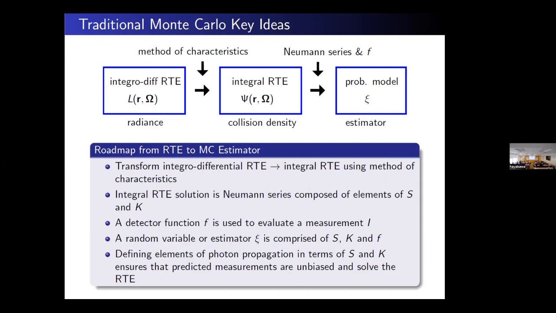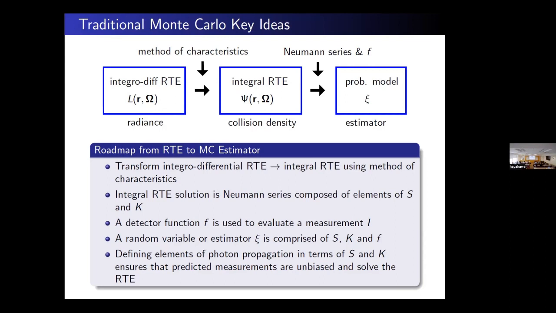It's a review of Dr. Zhao's description, but I give a little more details. So we start with the integral differential equation, RTE, and we use a method of characteristics. This is a partial differential equation method, where you define these characteristic curves, parameterize the variables along constant curves.